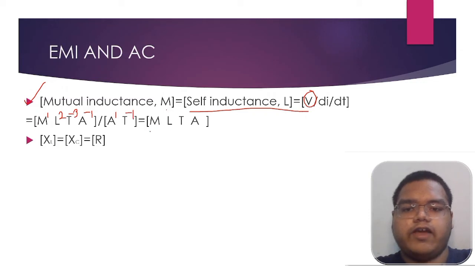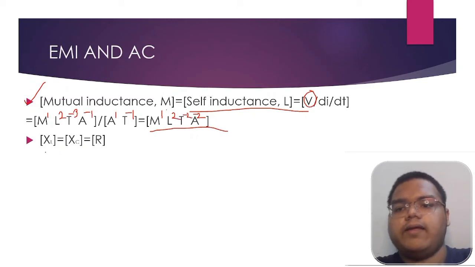So the final dimension will be M to the power 1 A to the power minus 2 T to the power minus 2 and L square. Done.